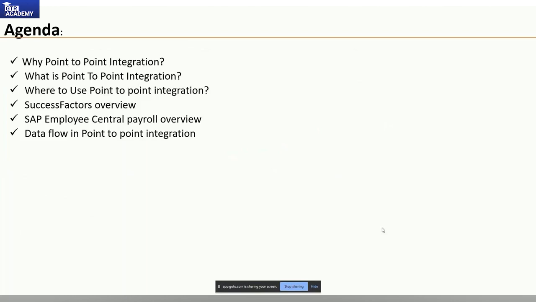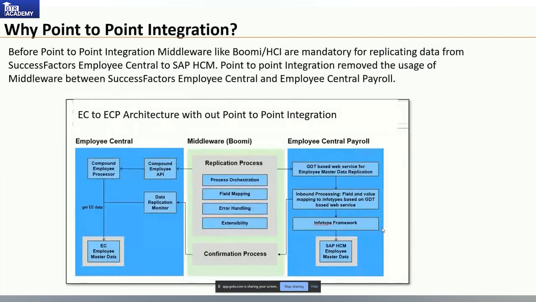So why do we use point-to-point integration? Before SAP announced point-to-point integration, there was only one way of doing integration between the Employee Central system and payroll systems, which is through middleware called Boomi or HCI integrations.